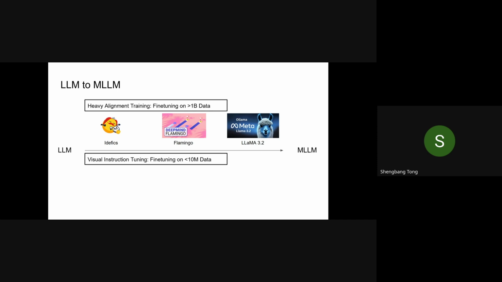The other approach, which people are also pretty familiar with, is called visual instruction tuning. Here, they take a pre-trained large language model and fine-tune it on less than 10 million data. Such works include LLaVA, Cambrian, Molmo, and actually a lot more if you look at the current thread of papers.